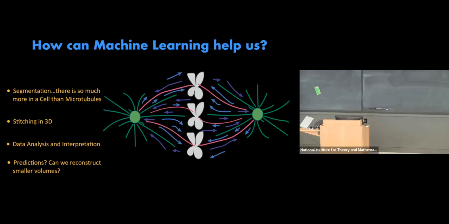So if we had smaller volumes, or from cryo-ET, right, you have this tiny volume, but if there's a good way to use these small volumes and still make predictions about how a larger volume could look, I think that would be helpful too. Not sure machine learning can do this, but I think those would be really amazing if we were able to do any of them.